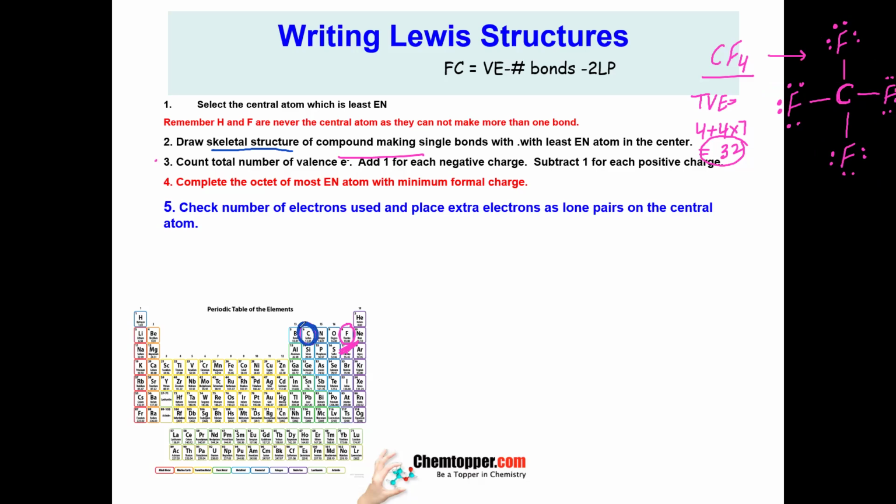Maximum, it can make only 4 bonds. It is 2s2p, outermost shell. So this is the Lewis dot structure of CF4. Check the formal charge on every element.